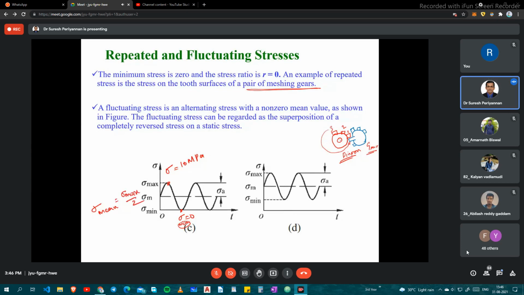Now, fluctuating stress. What is an example for fluctuating stress? I have given an example already, but can you tell me some other example? Fluctuating stress is an alternating stress with a non-zero mean value, as shown in this figure. Non-zero mean value here means the mean value is non-zero. Any example of fluctuating stress?